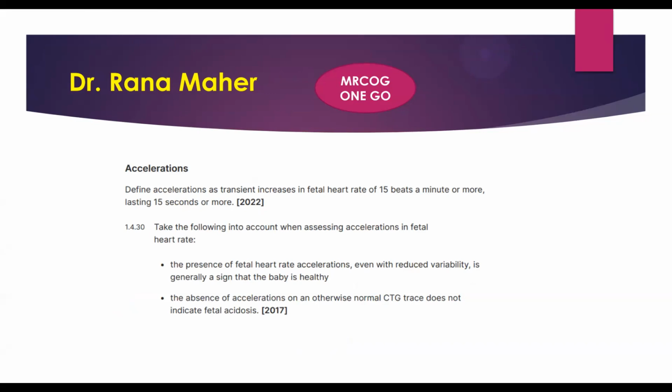So if no accelerations, but we have decelerations, now, no, we don't have accelerations here. Okay, and what about the definition of accelerations? It's a transient increase in the fetal heart rate of 15 beats per minute lasting 15 seconds or more. So it's typically like the deceleration, but the reverse. It's a transient increase, the deceleration a transient decrease or slow down.